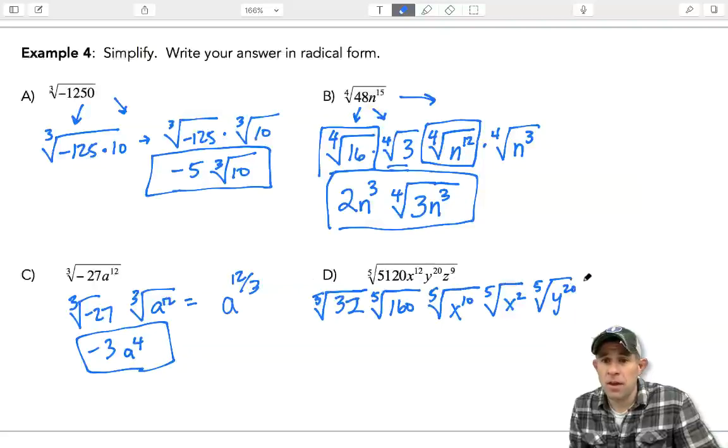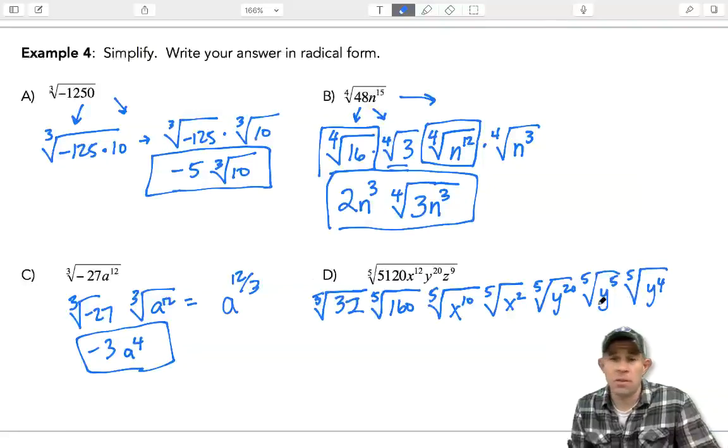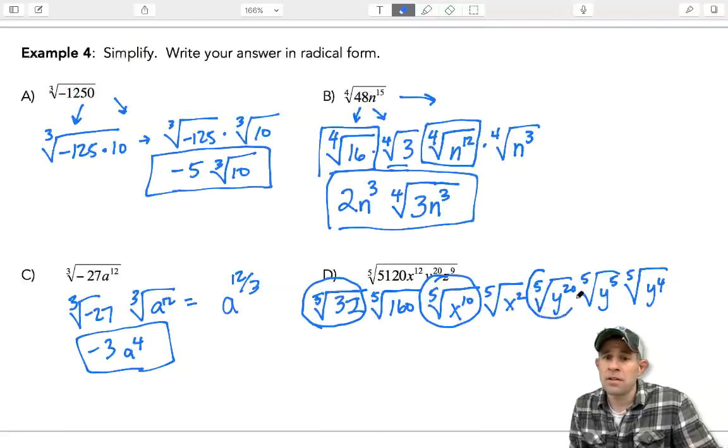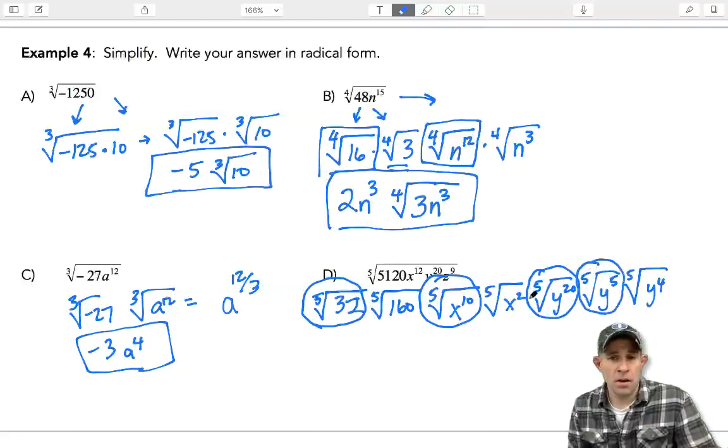And finally, we have the fifth root of z to the 9th, which is the fifth root of z to the fifth times the fifth root of z to the 4th. Now, if you're wondering why I broke those all down here, it's because these ones that I'm circling are all perfect fifth roots. So these guys can be simplified, and the remaining ones will be written back under that radical.